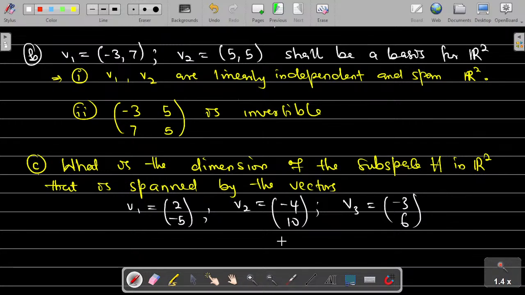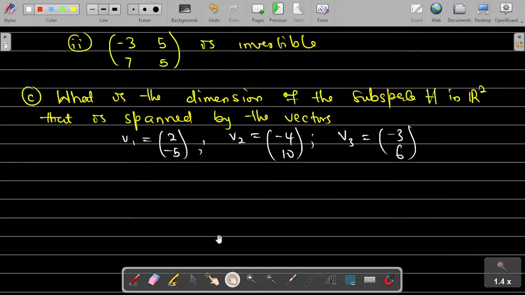So from what you are given, it is obvious, and they even said it here in the hint. Let me write that solution. From the hint, you can see that V2 is a multiple of V1. If you multiply V1 by minus 2, you will get V2.